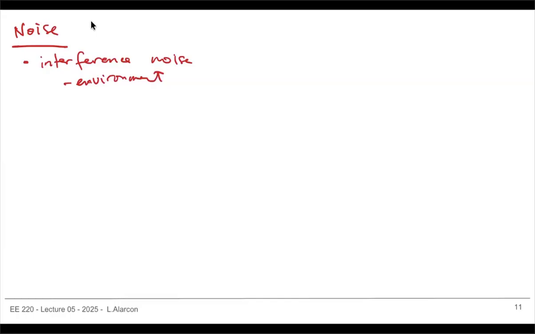But in most cases, this type of noise is deterministic. Meaning, I know something about the noise. It could be power line, like 60 hertz.